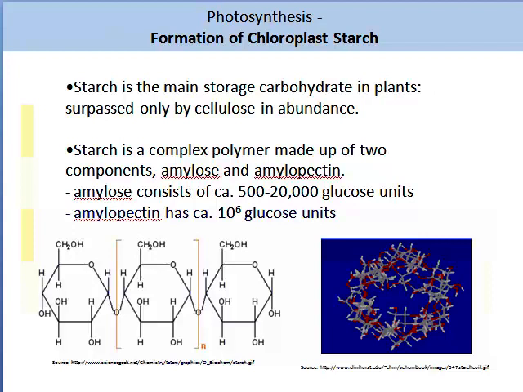This is what causes some of the differences between amylose and amylopectin. Amylose consists of approximately 500 to 20,000 glucose units, whilst amylopectin has approximately 10 to the 6 glucose units.